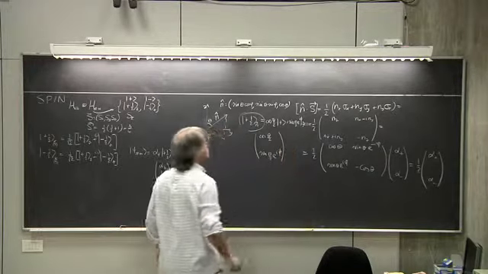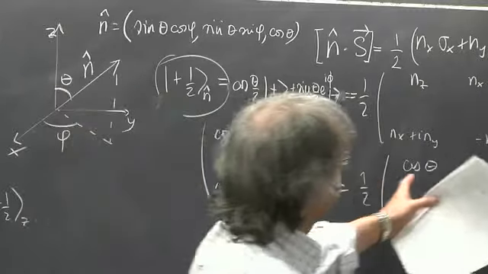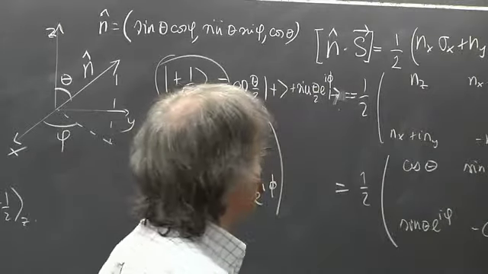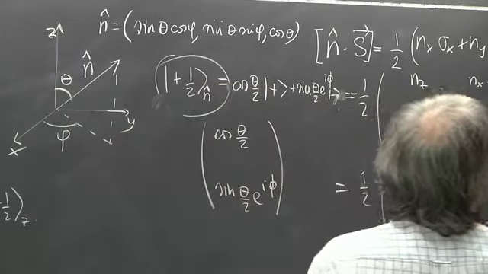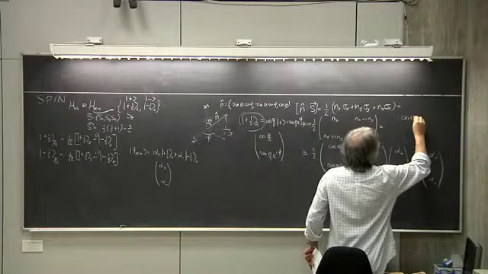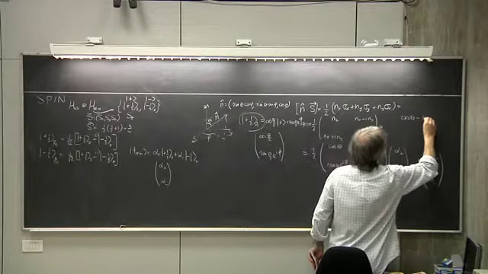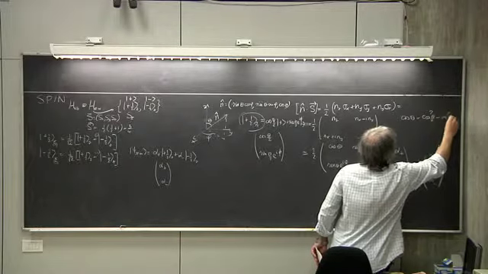Okay? Now, it is a bit strange because you see here there are cos theta and sine theta, and here I have theta over 2. But this is indeed the solution. After all, remember that cos theta is really cos of 2 times theta over 2. So you can write it as cos squared theta over 2 minus sine squared theta over 2.